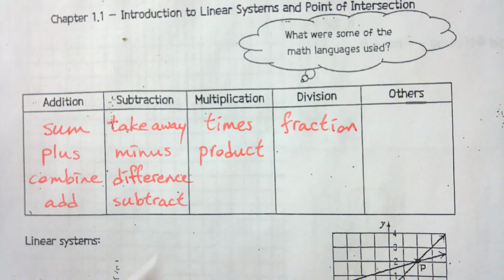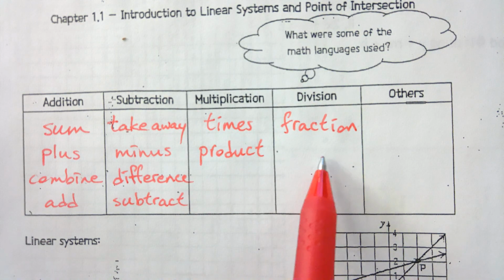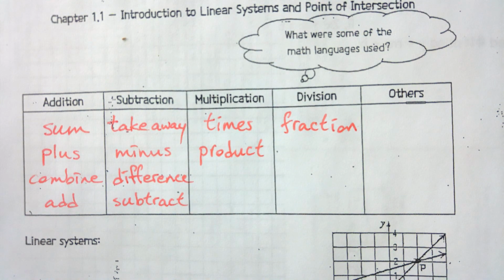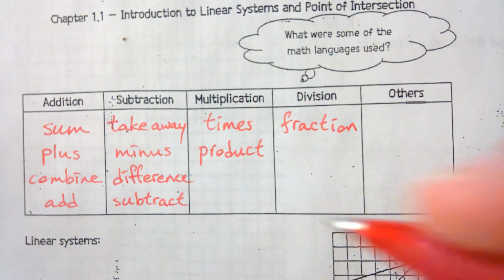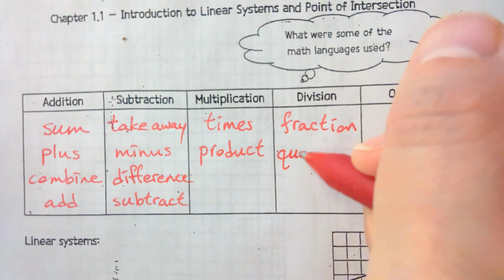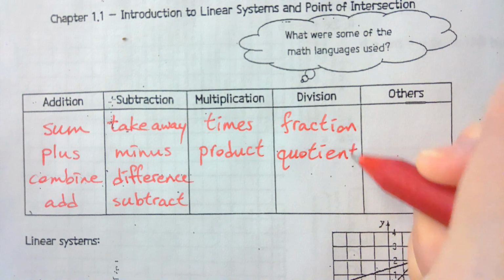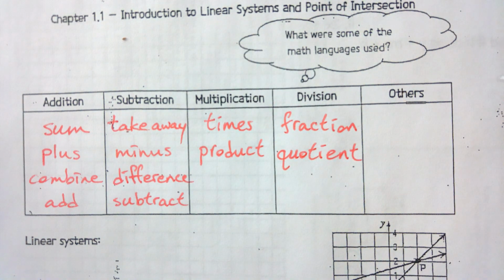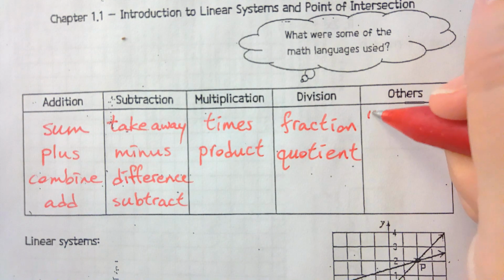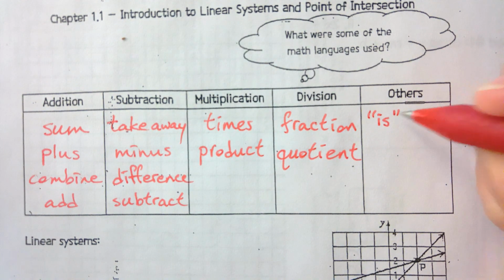If multiplication is product, what is the one for division? It starts with a Q. Quotient, right? Okay, and then the others, for example, in a word problem, is means what?